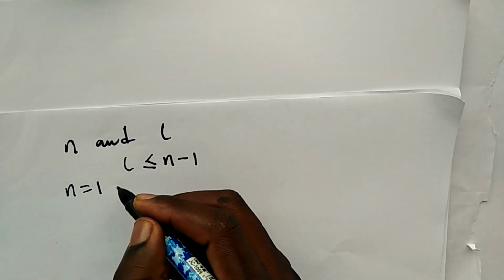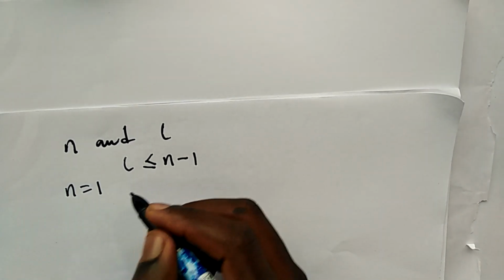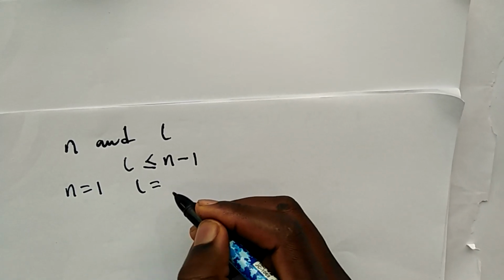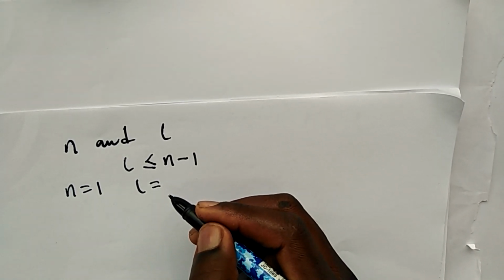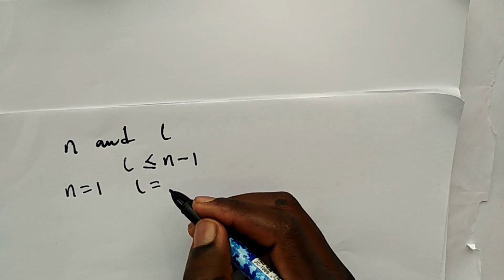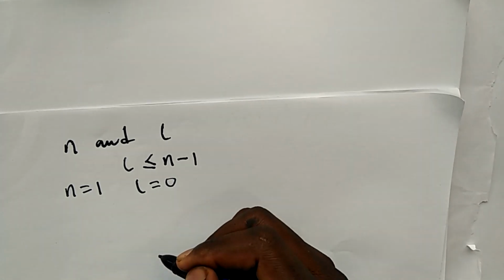What this means is that if N is equal to 1, sorry, N cannot be 0. If N is equal to 1, L is equal to 1 minus 1, because L is equal to N minus 1. 1 minus 1 is 0, so L is equal to 0.